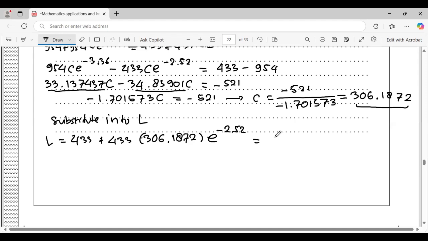If you calculate, the result is 11,100.261. Round off becomes 11,100. Next question.